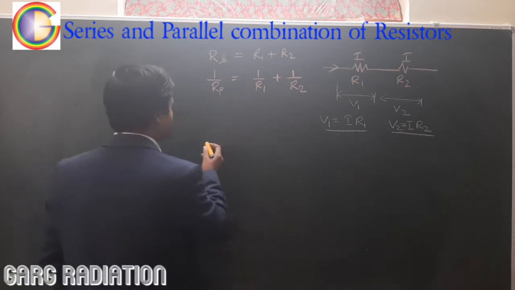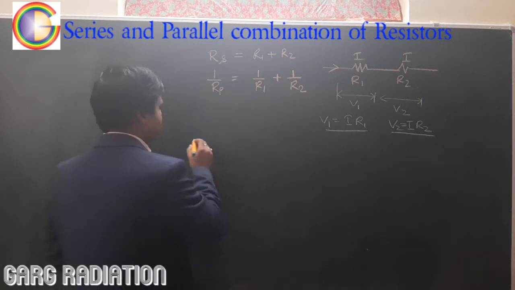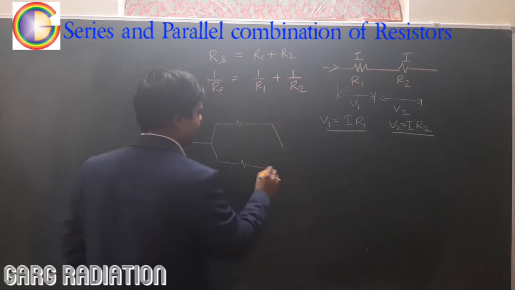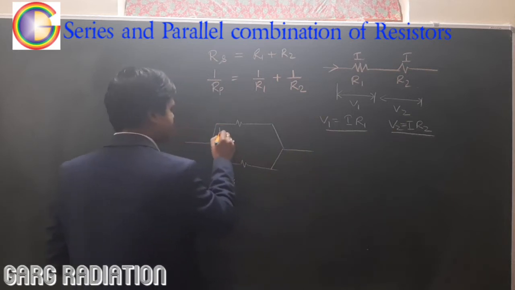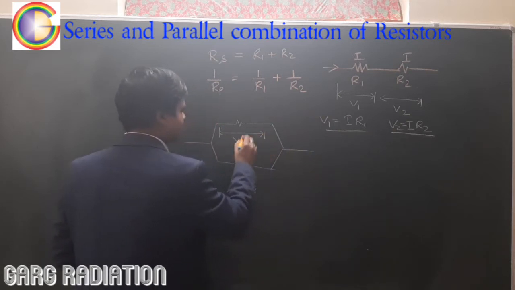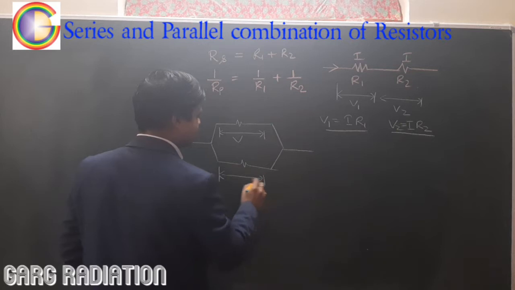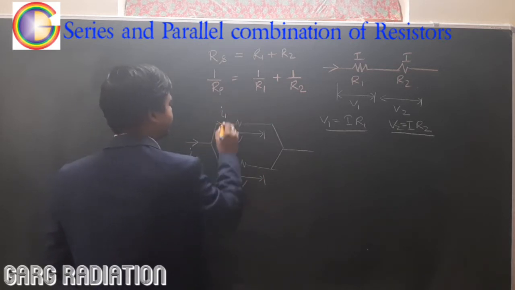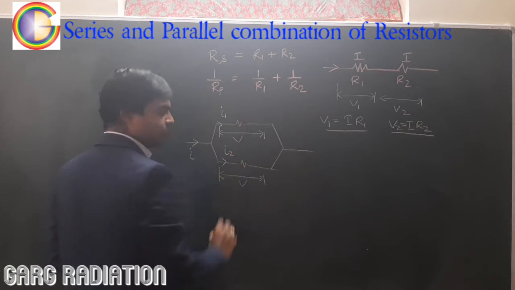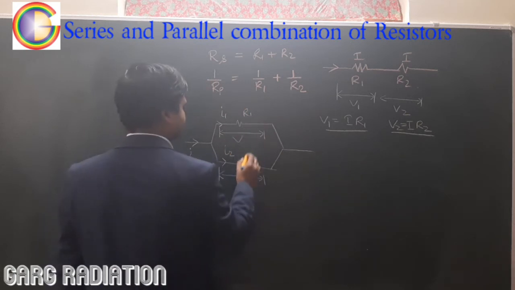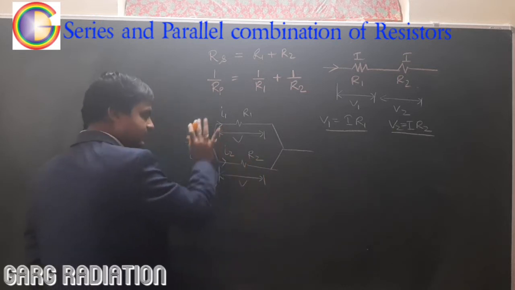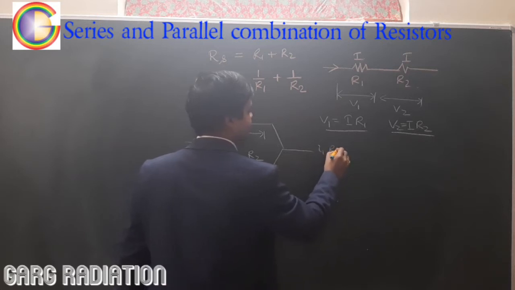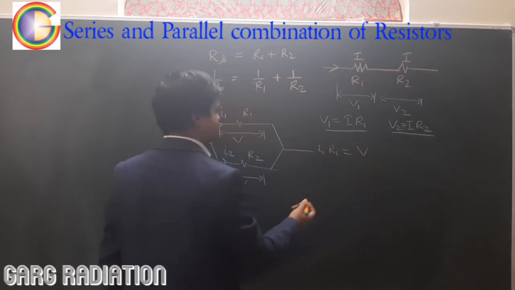Similarly, the concept you should know about the parallel combination of resistances is, suppose we have two resistances in parallel, then they must have the same potential difference across them. The current is I, so it gets divided into I1 and I2. Suppose this is resistance R1 and this is resistance R2, so that the product of current and resistance is equal to the potential difference.